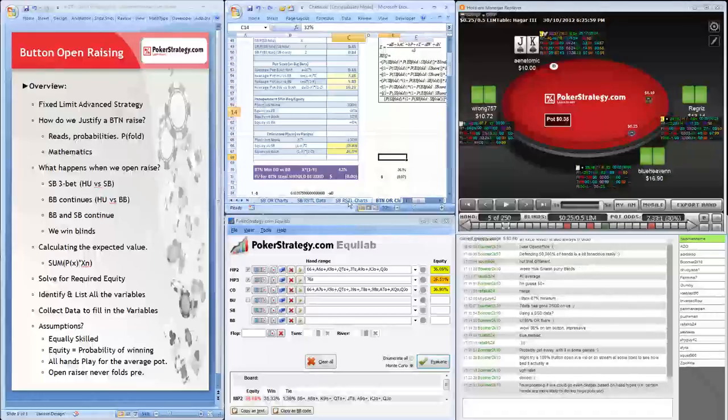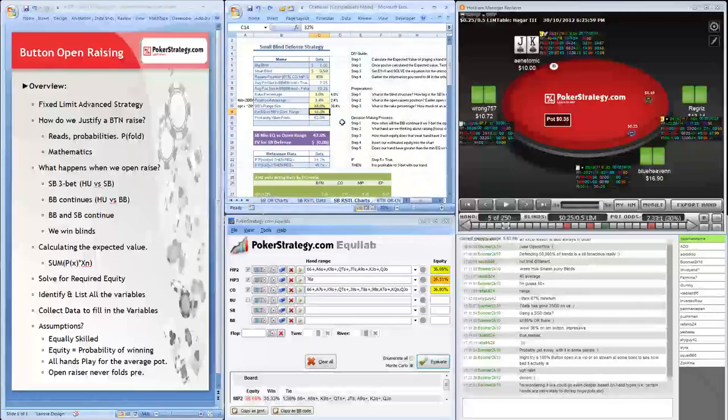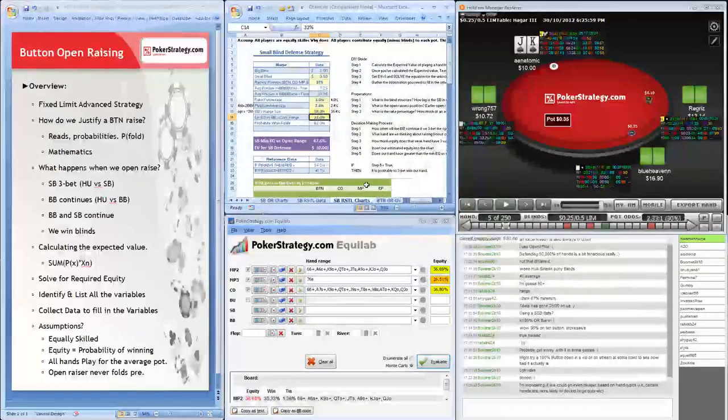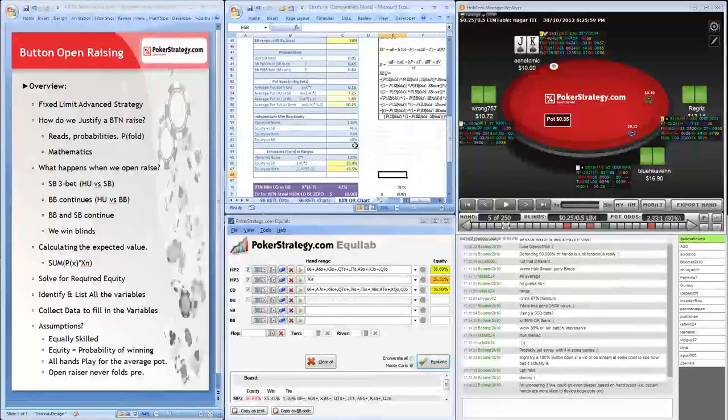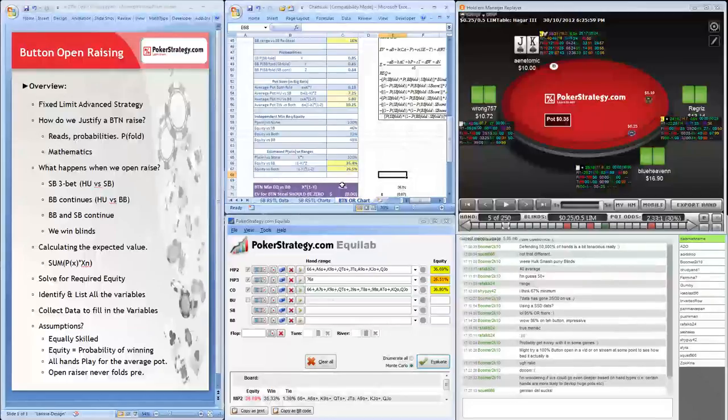We can use that information over here to try and solve for exactly how much we want to re-steal against a guy that's open raising the button with a solid hand range, right? And then if we went even further, we could look at big blind versus button open raising and then use all three of those to try and gradually solve pre-flop from that situation.